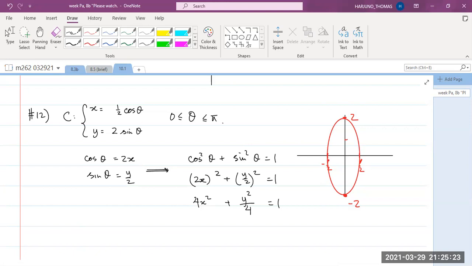Oh, but I need to slow down a little bit. They say that theta is from 0 to pi. So when theta equals 0, it is here. Pi over 2 here, pi here. So the curve is actually not the whole ellipse, but part of that.